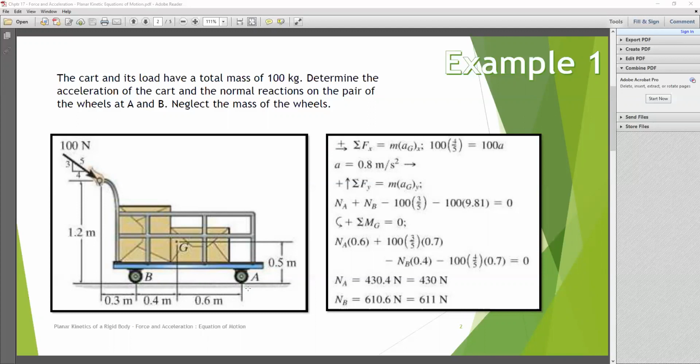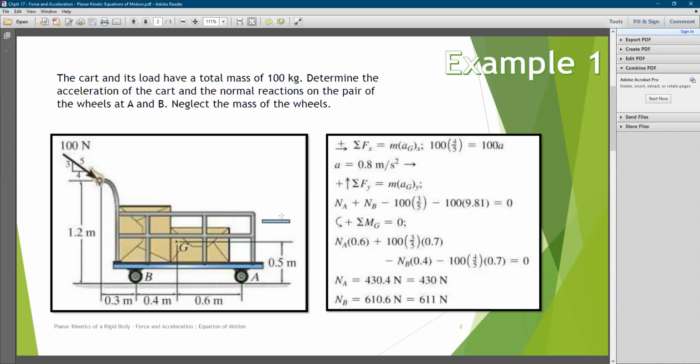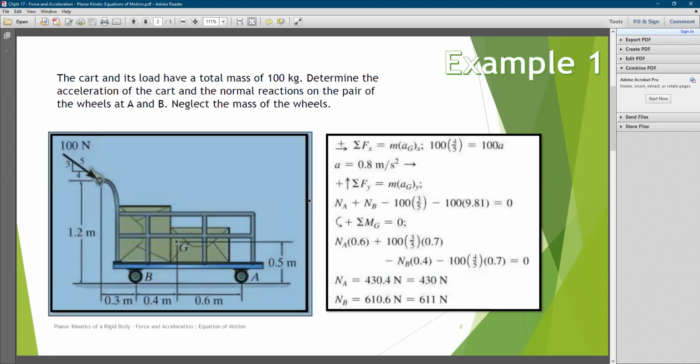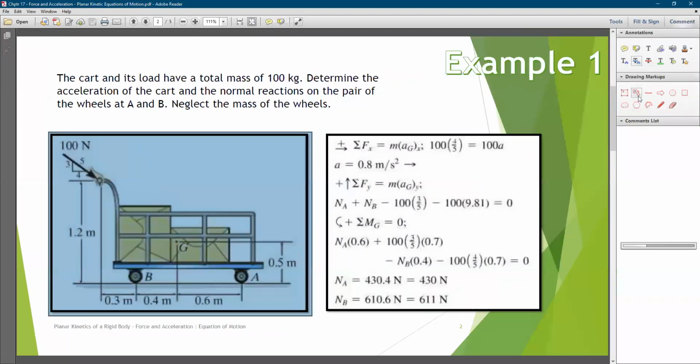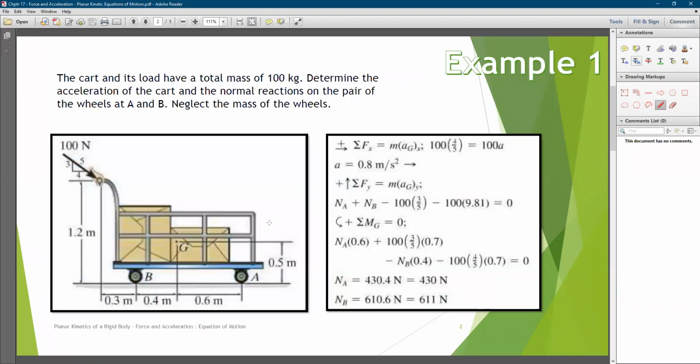So we ignore the mass of the wheel at point A and at the back here at B. If you look at this figure, there is a hand on the top left corner here, pushing the cart in this direction. The cart is moving in this direction.